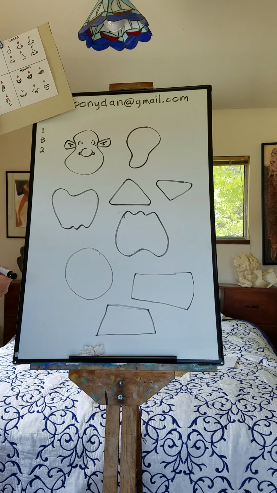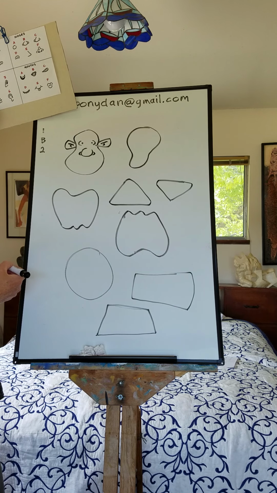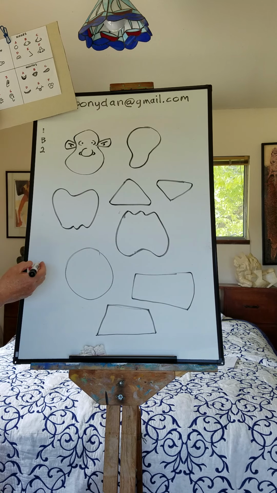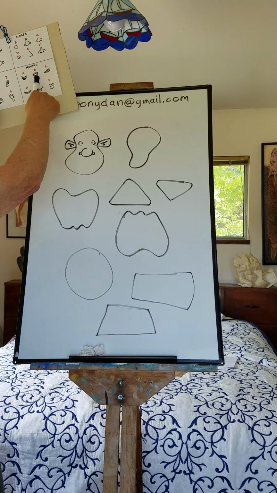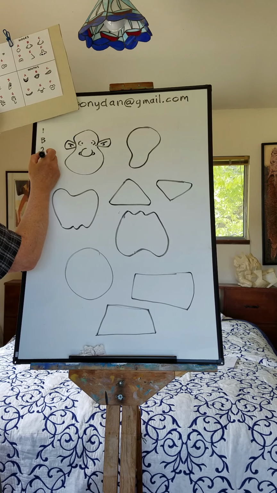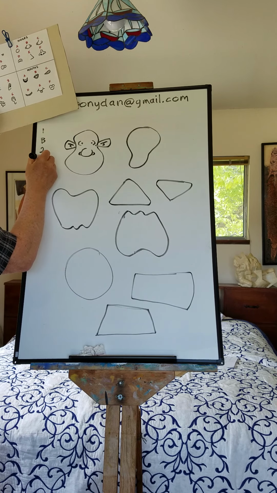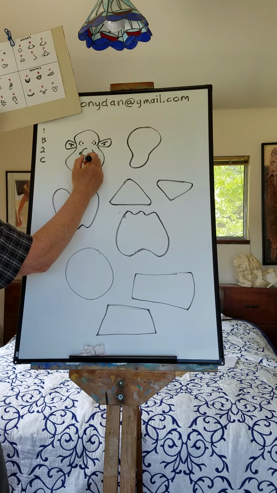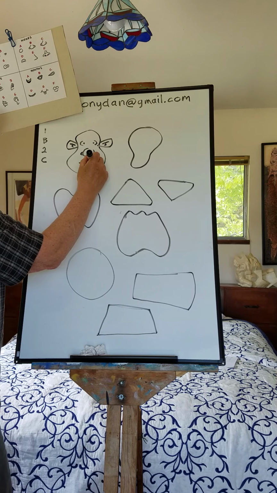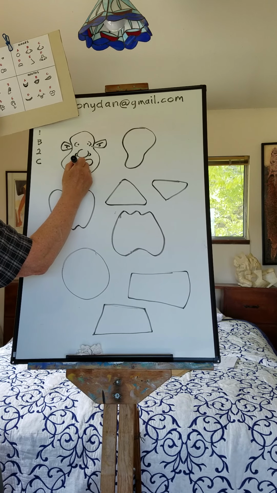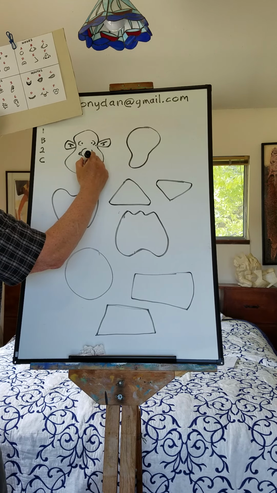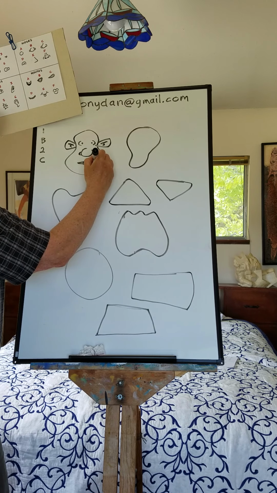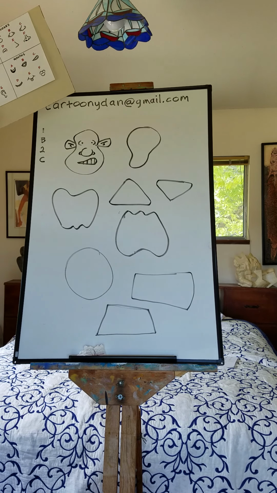So there's the ears on that, and that's 2. And then the mouth, what do you want to do? Let's say this one's C. So 1B, 2C for this character. And the C mouth is that teardrop shape, and then start in the middle and make the lines. And there we have our character.